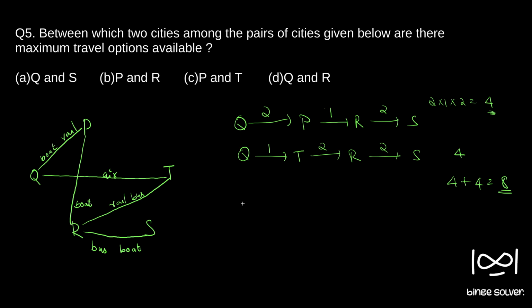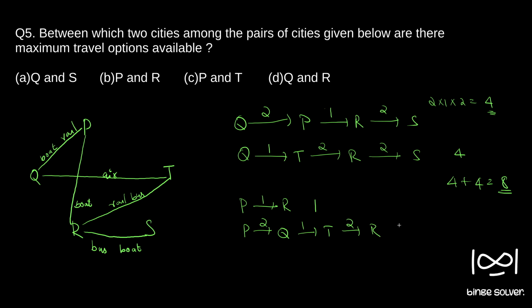So if you take P to R, there is only one combination, direct via P to R boat. Or we can go from P to Q, which has two combinations, Q to T, which has one combination, then T to R, which has two combinations.